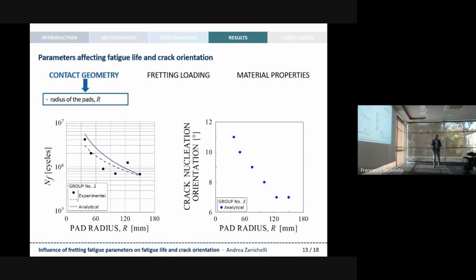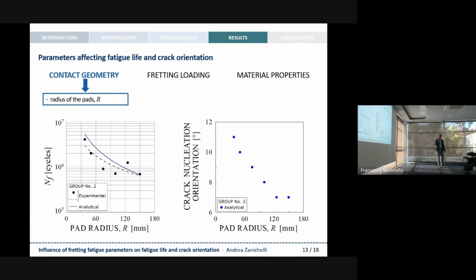So let me now briefly discuss the main parameters affecting the fatigue life and the crack orientation computed by means of this methodology. These parameters can be narrowed down into 3 groups, that is contact geometry, fretting loading, and material properties. And in this slide, we can see the influence of the radius of the pad on both fatigue life on the left and crack nucleation orientation on the right.